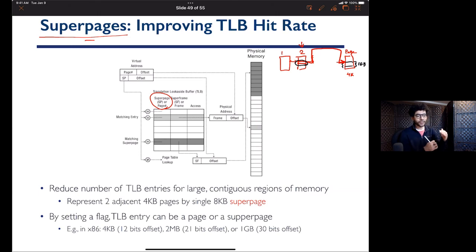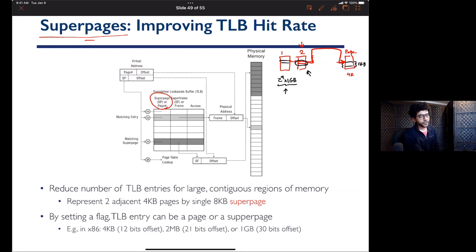So I can have a superpage of 2 MB. I can have a superpage of 1 GB, and I can have a superpage of 2 to the 9 times 1 GB, which nobody wants because this is going to be bigger than any physical page. But a superpage of 1 GB can be used.